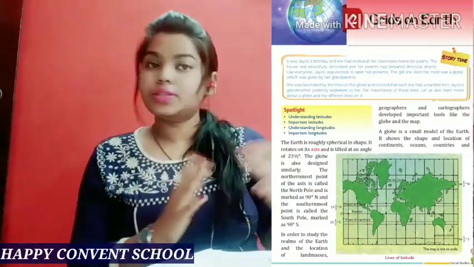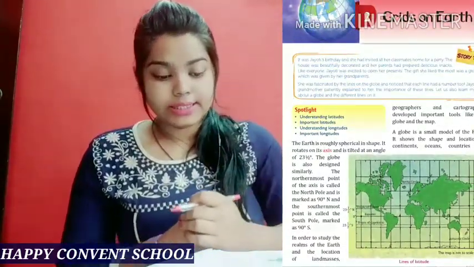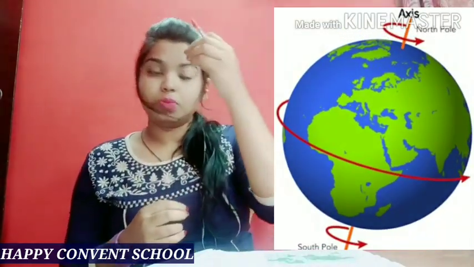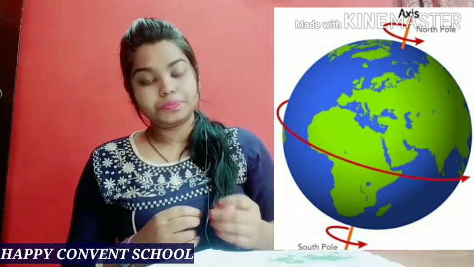The globe is also designed similarly. If you see this globe, you can see the 23.5 degree angle. It is inclined. The northernmost point of the axis is called the North Pole. We know what an axis is: an imaginary line which passes from the North Pole to the South Pole.